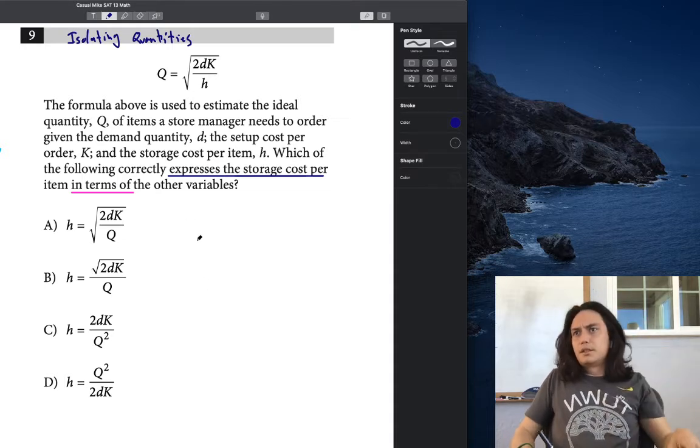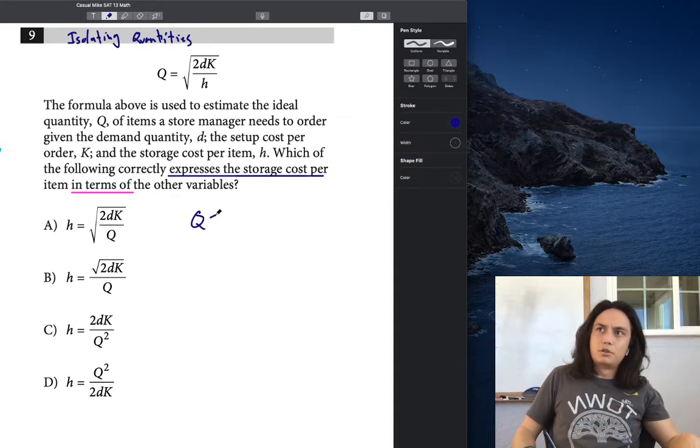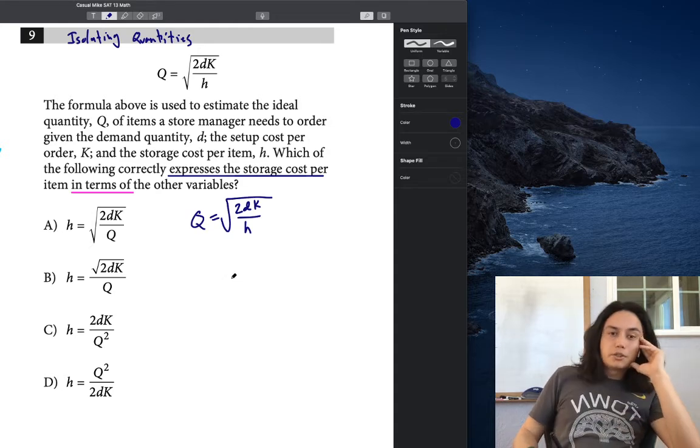So here, I'm just going to do this. Q equals square root of 2DK over H. Generally speaking, you want to deal with the stuff that is on the outside first. Here, we don't want to be dividing both sides by 2 because 2 is kind of on the inside.